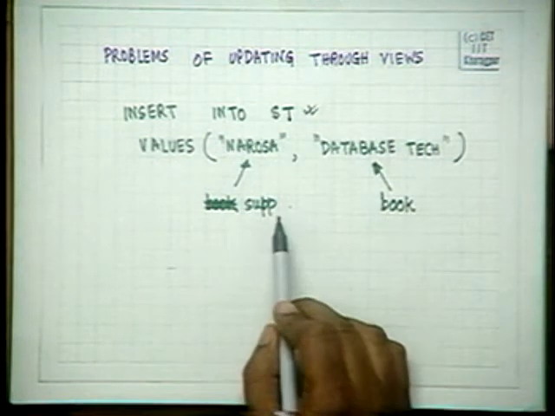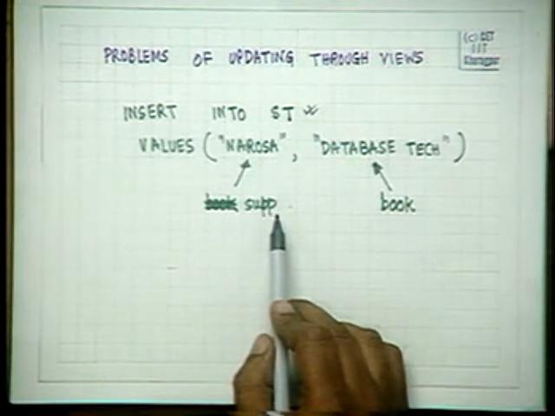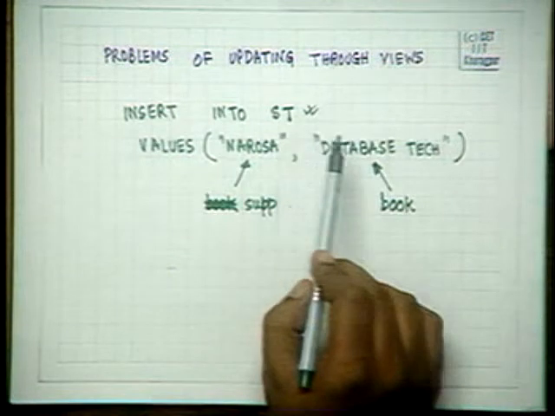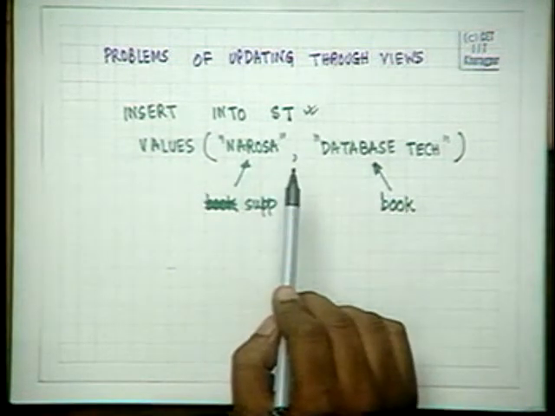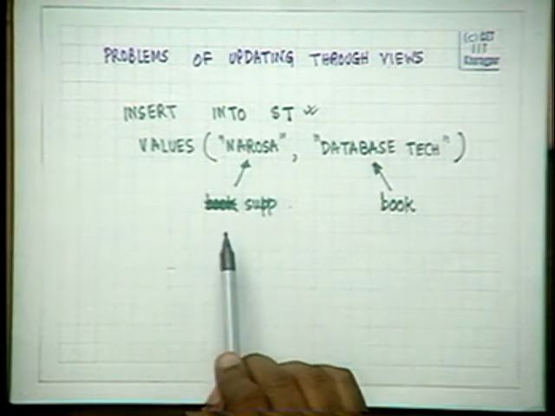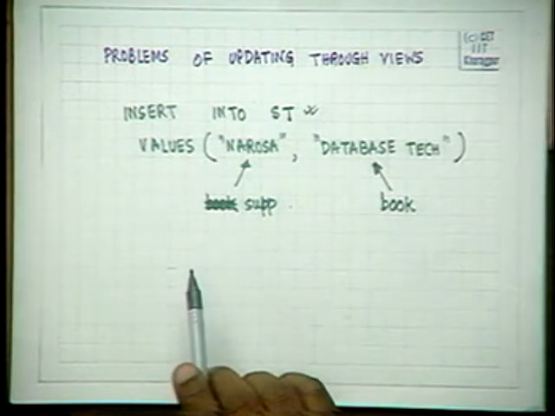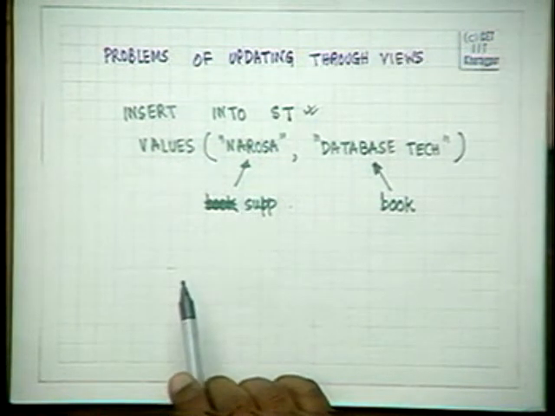Now this leads to a lot of complications. Updating through views which are combined out of more than one operation leads to a lot of complications and is never allowed in most standard databases. You are allowed to update through views only in some special cases, provided the views were created only from a single relation.